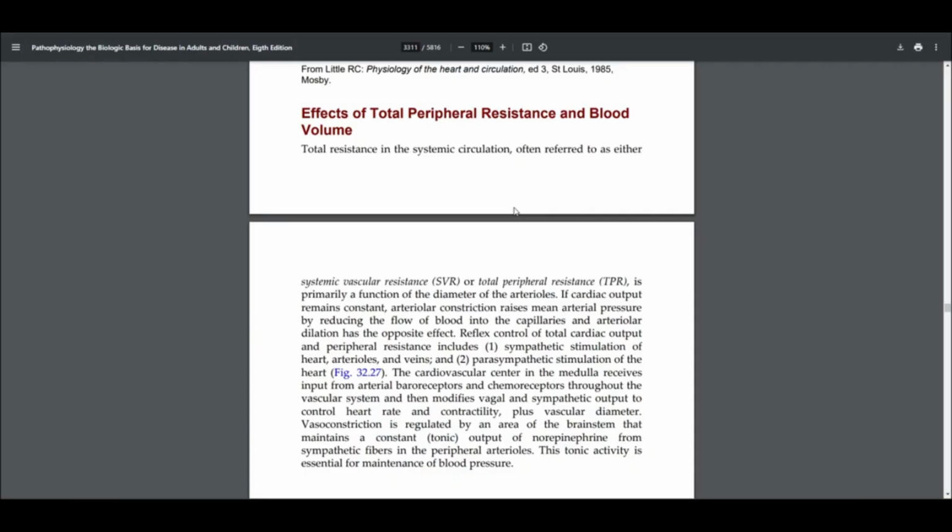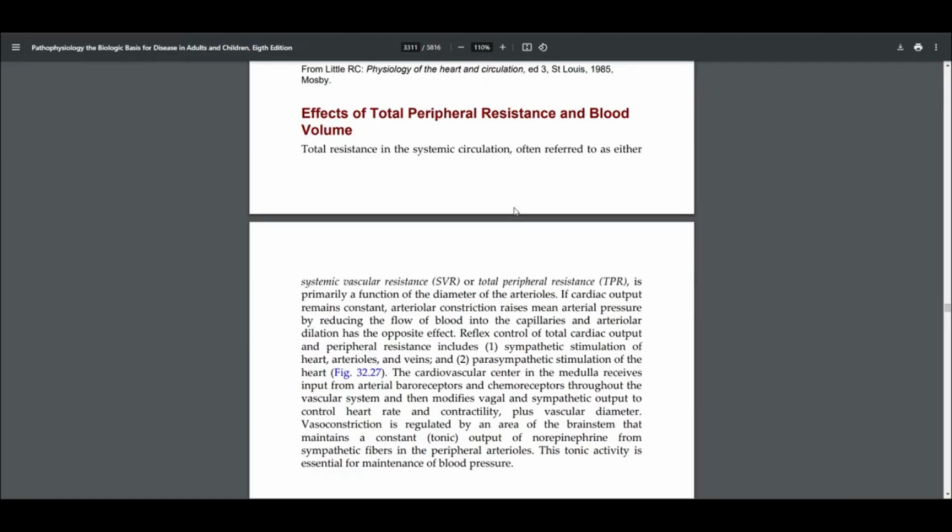Reflex control of total cardiac output and peripheral resistance includes, one, sympathetic stimulation of the heart, arterioles and veins, and two, parasympathetic stimulation of the heart. The cardiovascular center in the medulla receives input from the arterial baroreceptors and chemoreceptors throughout the vascular system, and then modifies vagal and sympathetic output to control heart rate and contractility, plus vascular diameter.